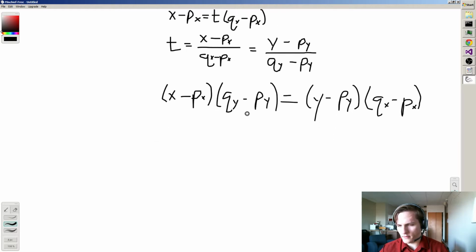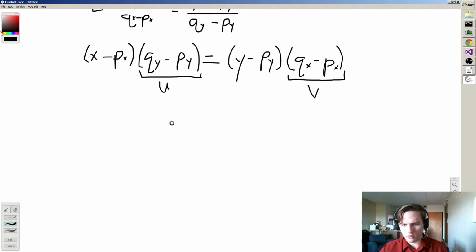And then I'll say that this right here, I'll call this u, and I'll call this v. This section right here, and this section right here, so that I can distribute them and not write as much. So then ux minus upx equals vy minus vpy.